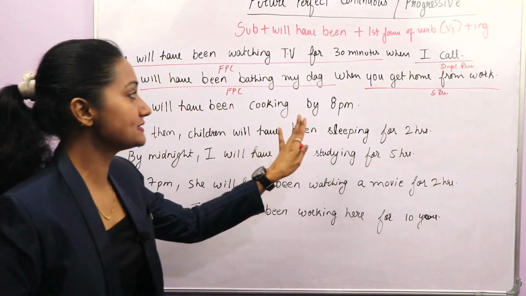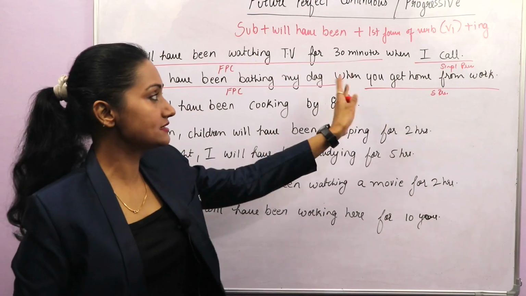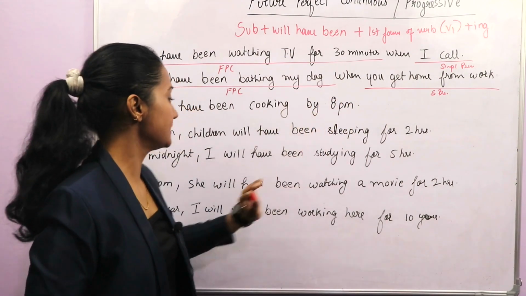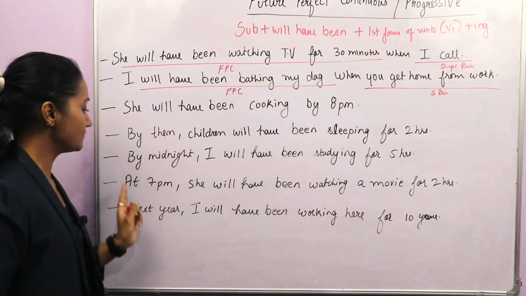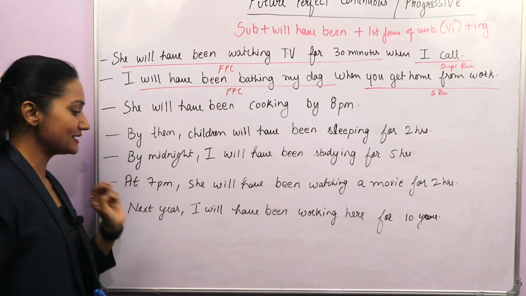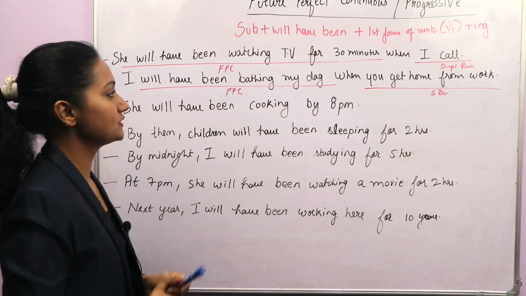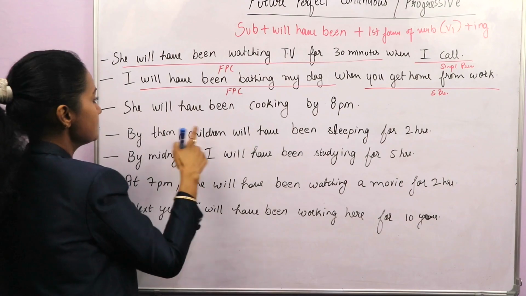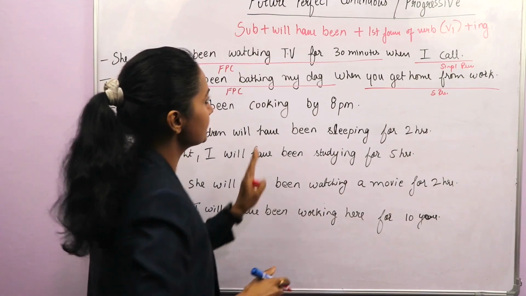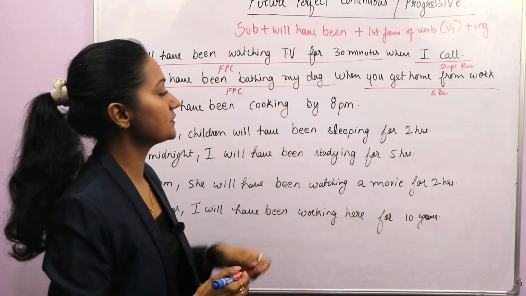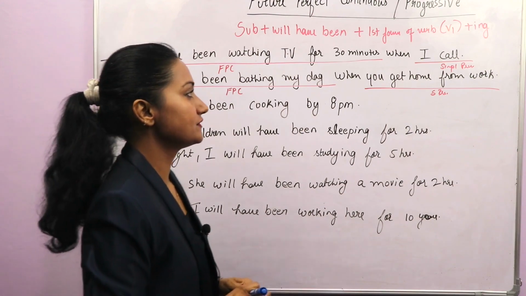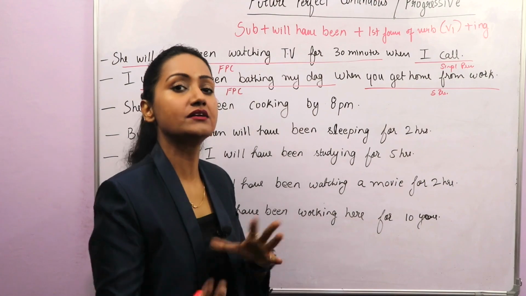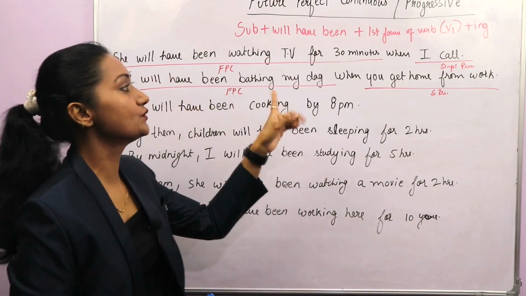Here you can see that we connect the sentences with when or by midnight, by then, by 7 p.m., by next year. These words we use to frame such sentences. She will have been cooking by 8. These two sentences are ones where we have interruptions, when in future an action will interrupt the action which will have been going on.